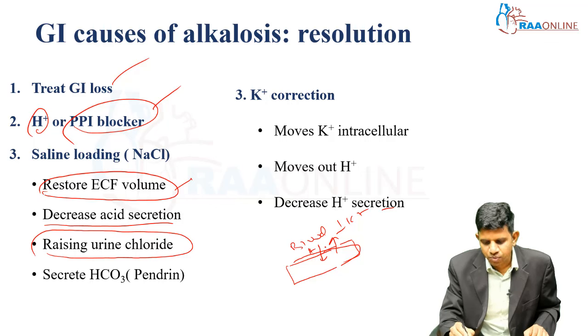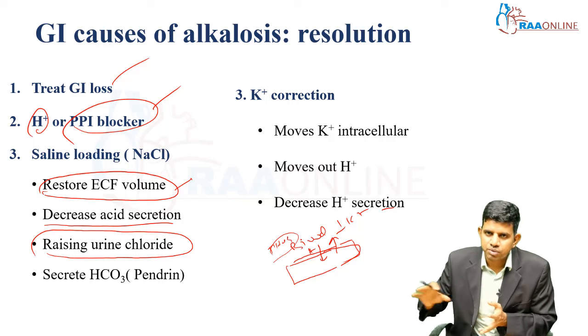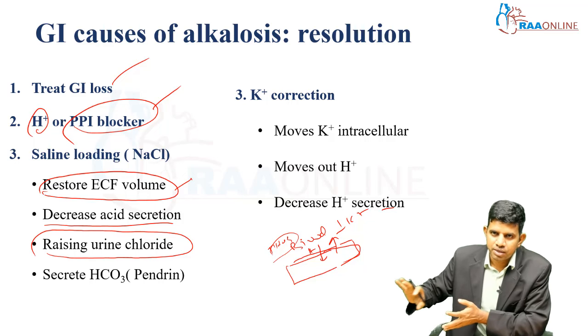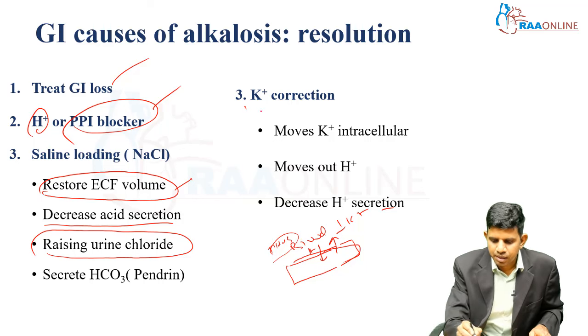If hydrogen ions move from blood to intracellular, what will happen? Bicarbonate level will be added in the blood. That is one reason hypokalemia can rarely cause metabolic alkalosis, or maintain the metabolic alkalosis. So the correction of potassium is also very important.